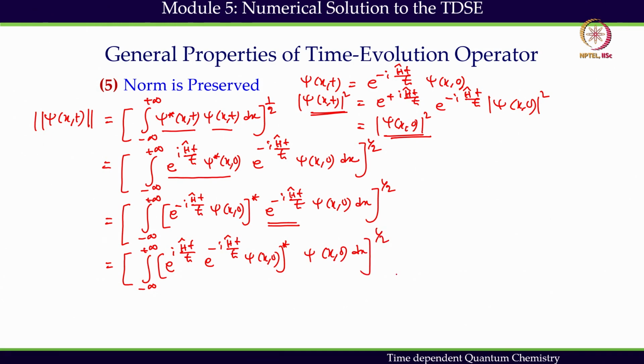So this is nothing but psi x 0 star psi x 0 integrated from minus infinity to plus infinity. So we are making use of the unitarity property of the propagator.